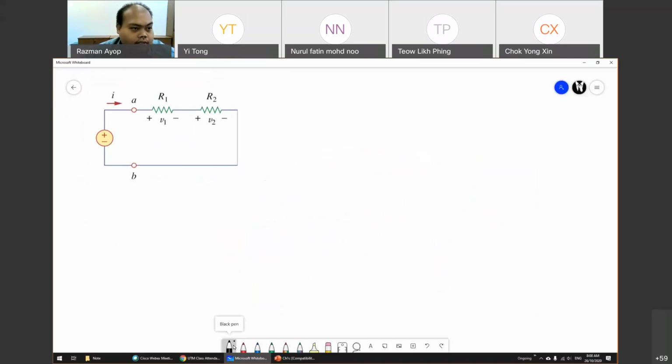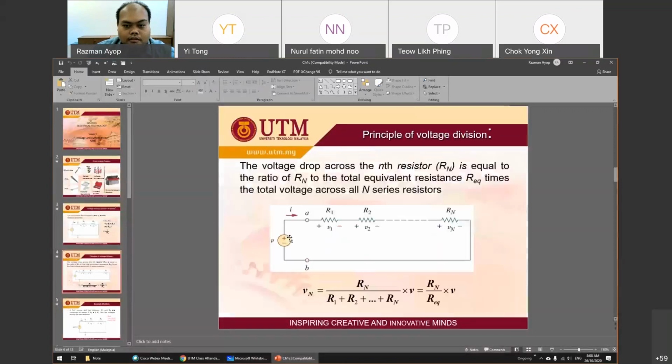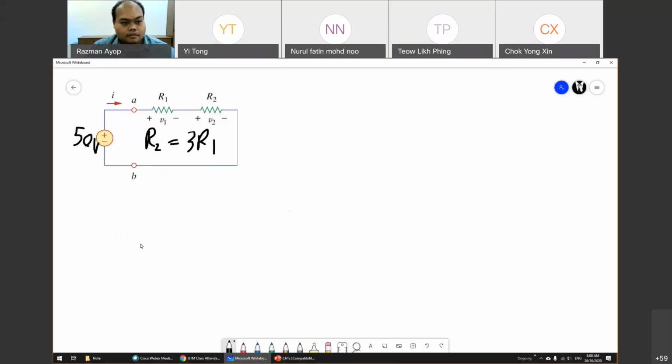This is 50 volt and R2 equals 3 R1. Remember, you use the voltage division rule. The formula is this one, the general formula. Now we use that.